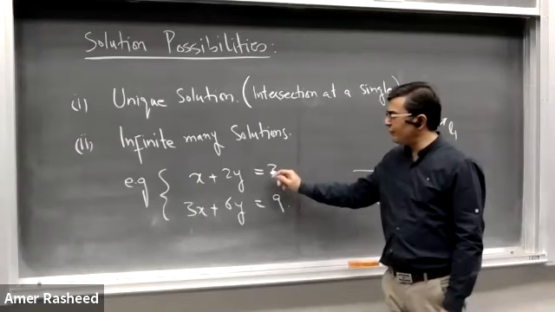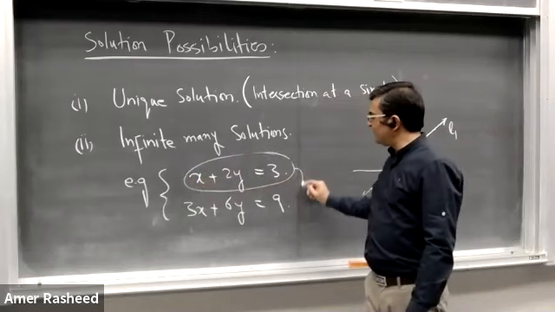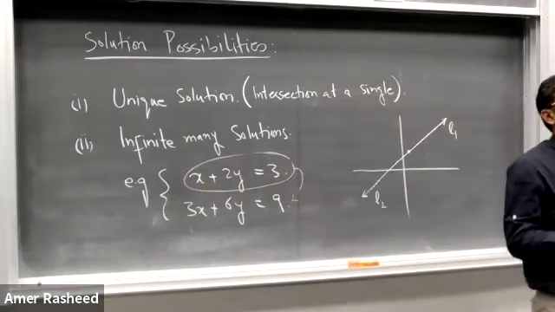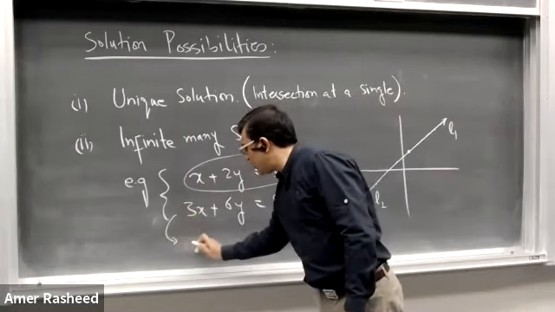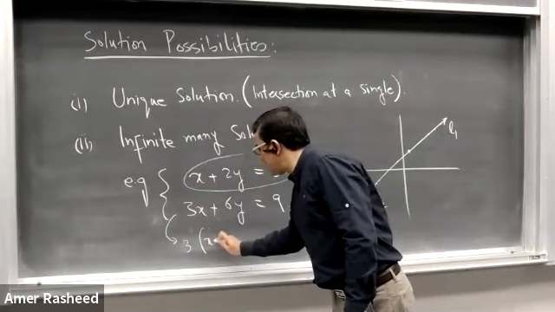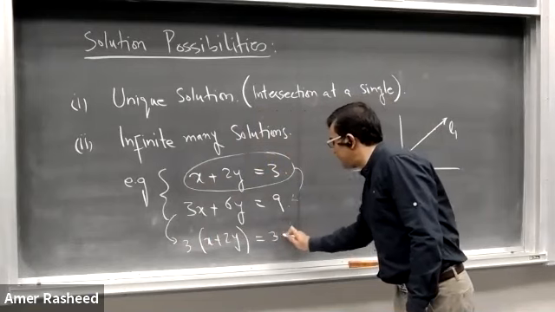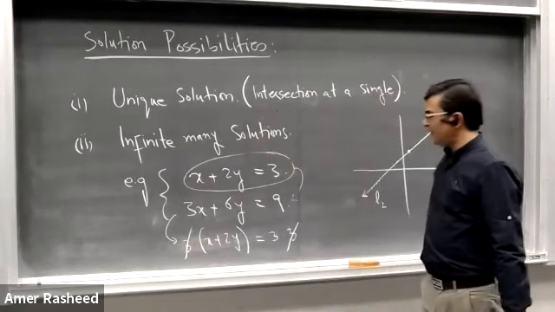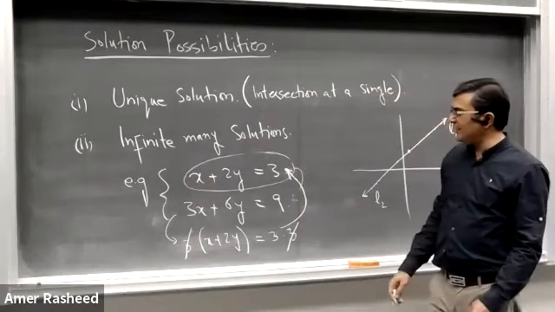If we multiply the whole first equation by 3, we get the second equation. It means these two equations are identical. Why? Because we can take 3 common from the left-hand side, 3(x + 2y), and 3 common from the right-hand side, and the 3s cancel out, and we get exactly the first equation.